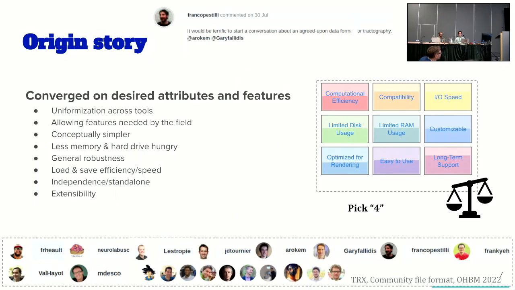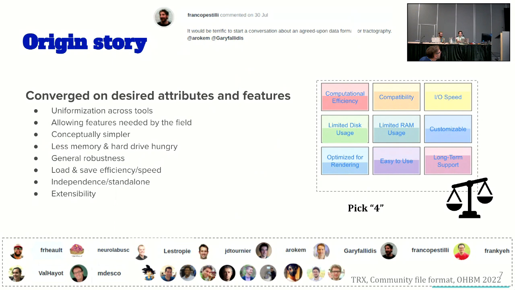Franco, who's sitting here in front, raised all these problems related to tractography and the need for improvements on the current state of affairs. That migrated then into GitHub and became a conversation that really identified all of these challenges.